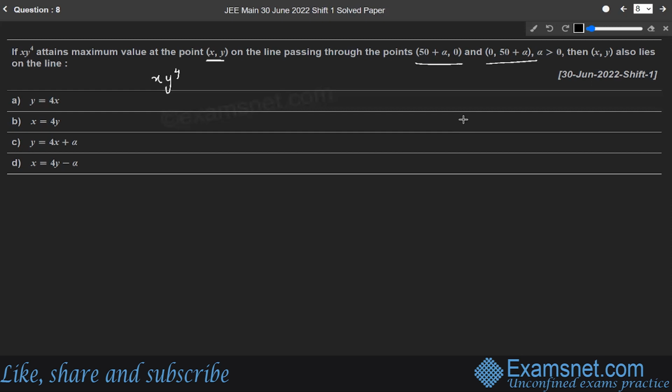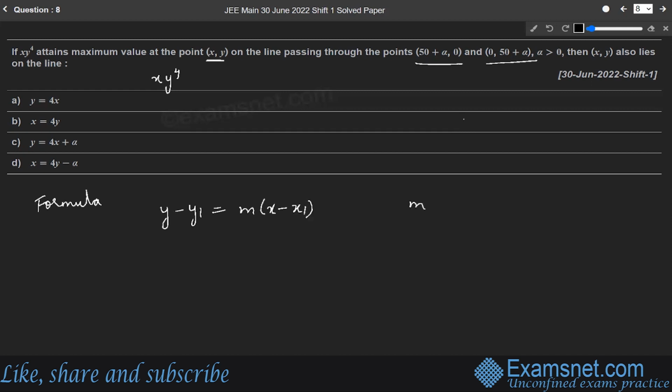So let us first find the equation of the line passing through these 2 points. Do you know the basic formula to calculate the equation of a line passing through 2 points? The basic formula to find the equation of a line is y minus y1 is equal to m into x minus x1.